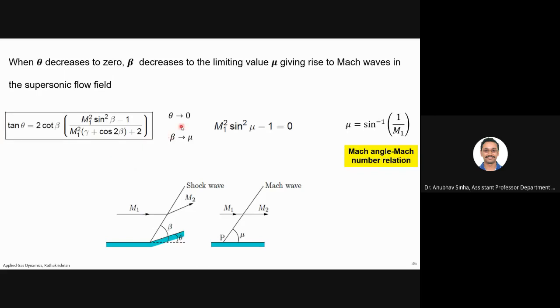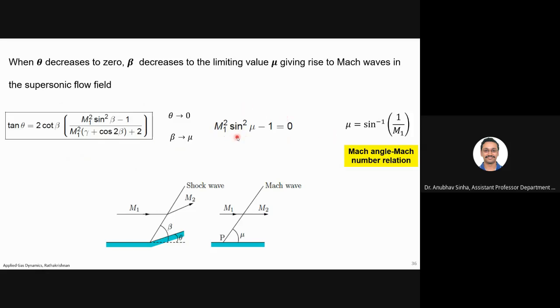If theta goes to 0 in the limiting case, an infinitesimally small angle, then beta will go to mu, and if you put this limit in this equation, you will get M1 sin square mu equal to 1.